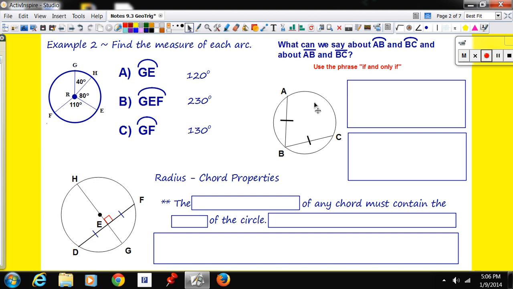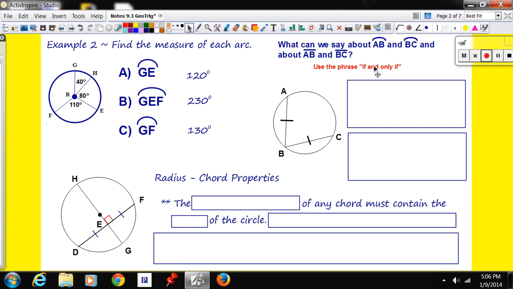Let's see the next one over here. It says what can we say about arcs AB and BC if we know their chords are congruent? That's what those lines mean, they're congruent. So we know that chord AB is congruent to chord BC. That means that arc AB has to be equal to arc BC because they're both cutting off the same amount of the circle.